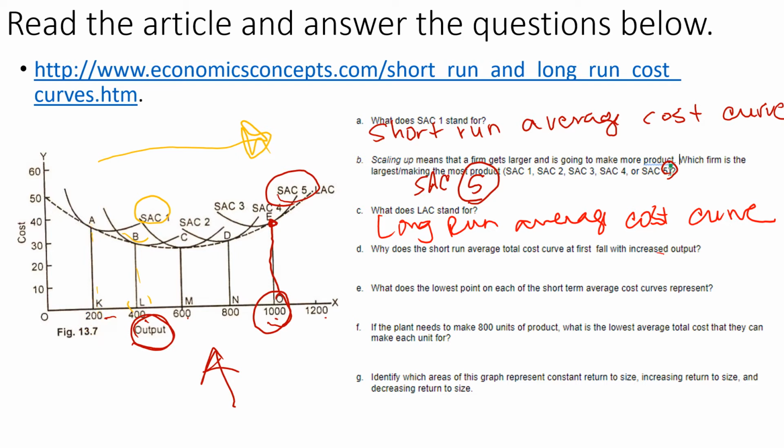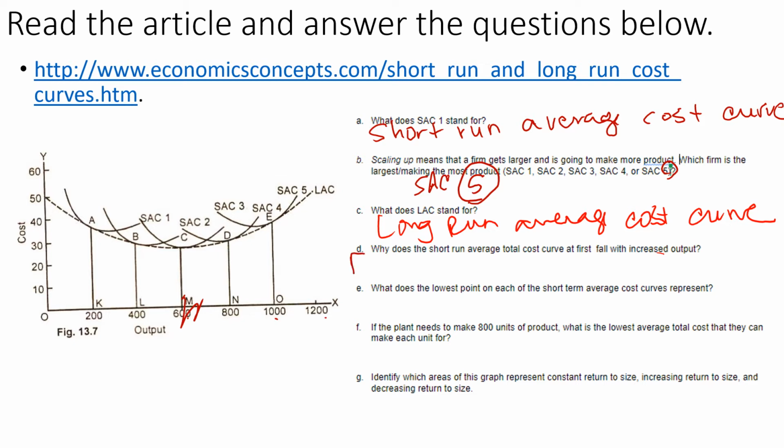Why does the short run average total cost curve at first fall with increased output? This has to do with the economies of scale, or with the example that we looked at with the cookies, Grace and her cookies. The fixed costs are basically getting spread over a larger number of output, so our average total cost will fall.